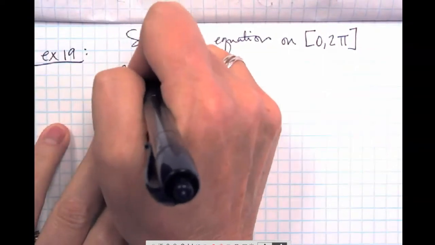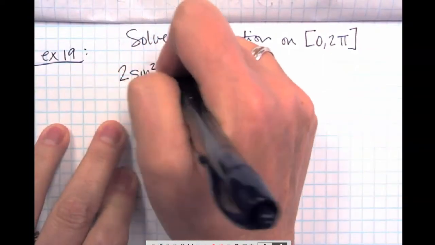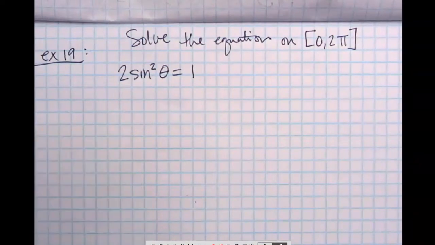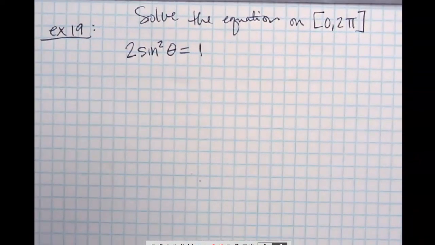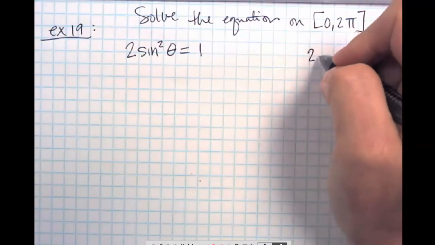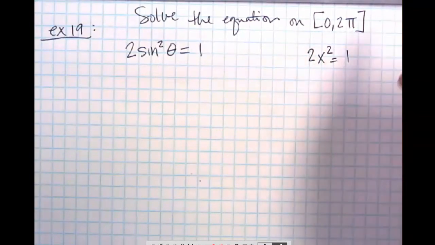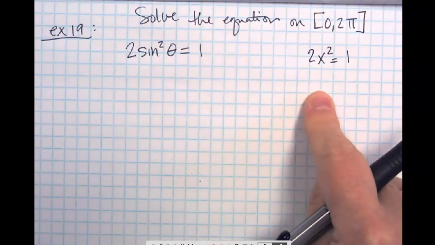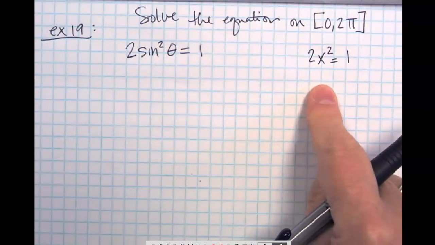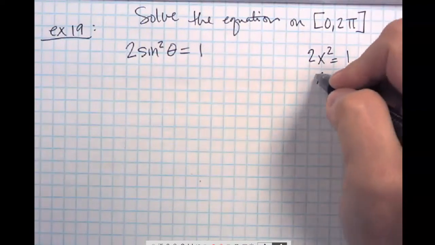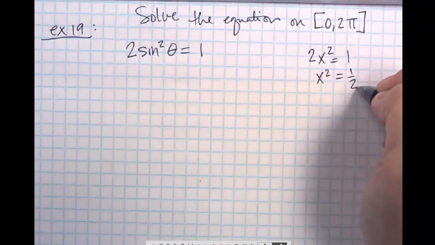2 sine squared theta equals 1. Not 100% sure just by looking at that, right? How would you solve this equation? Divide by 2 and then square root. Okay, so I would get x squared equals 1/2.